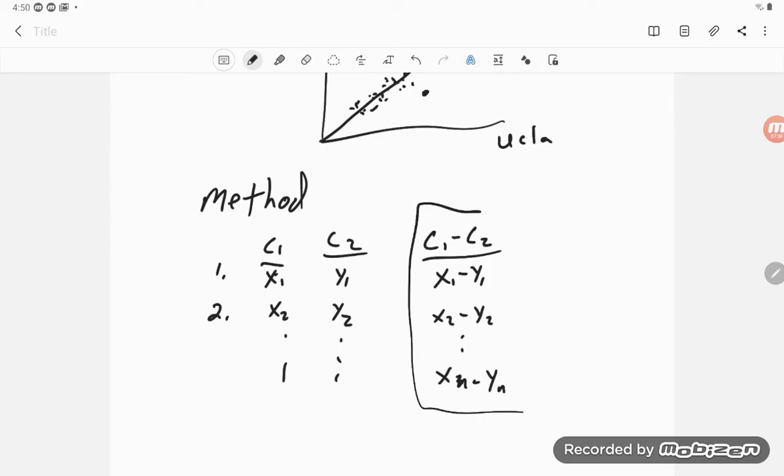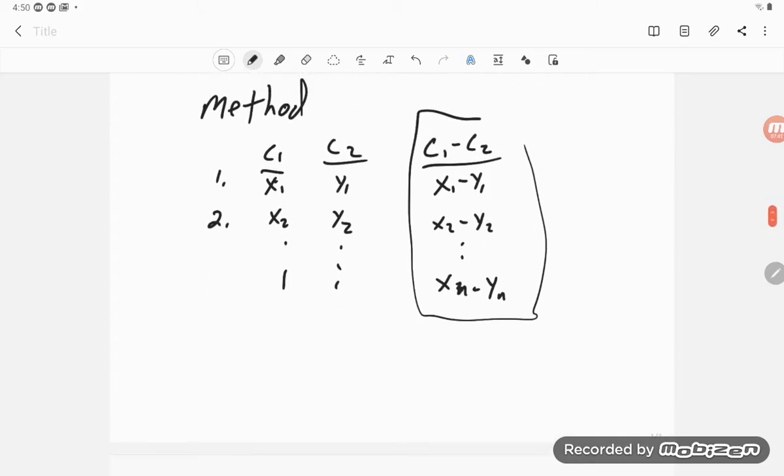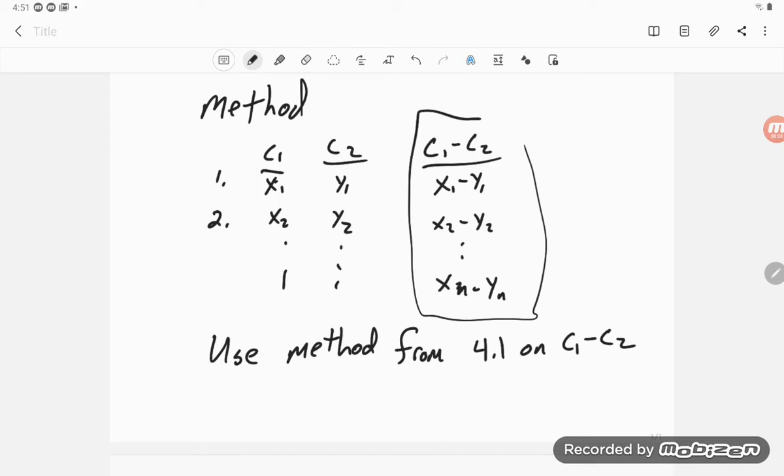And now, for a hypothesis test or a confidence interval, I will use the method from 4.1 on C1 minus C2. So I don't use a new method.